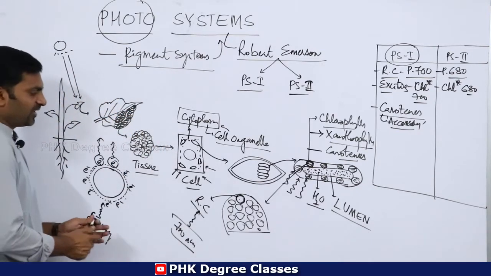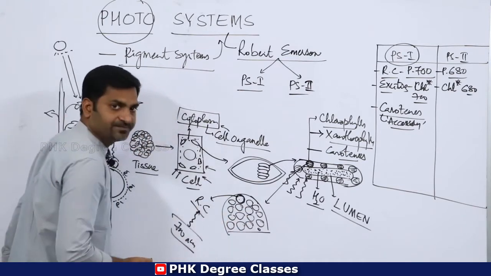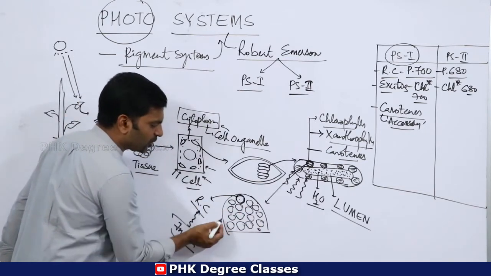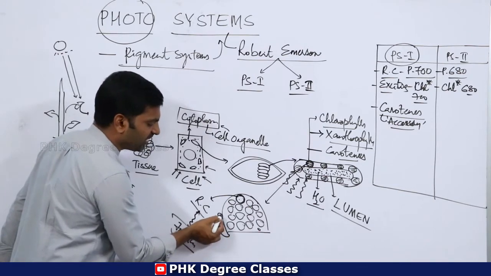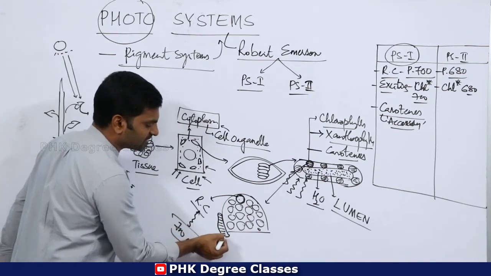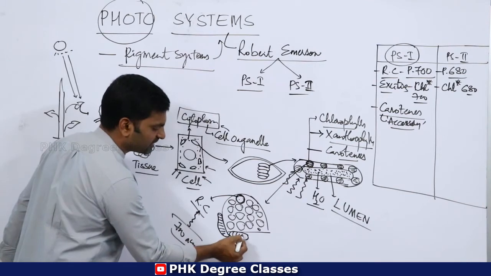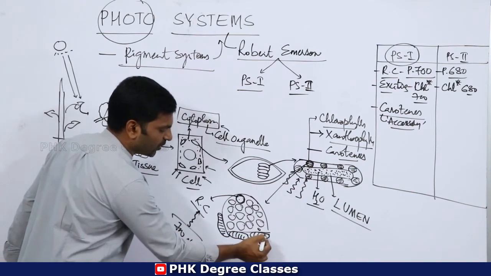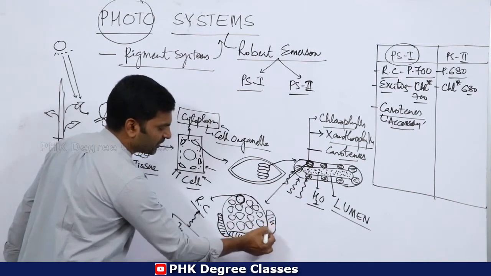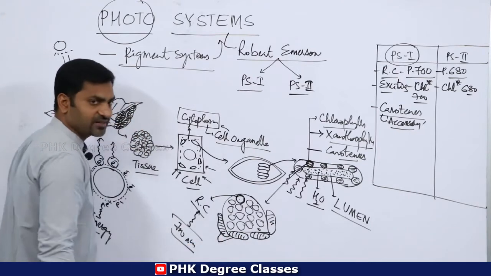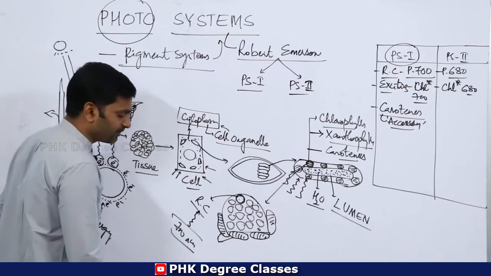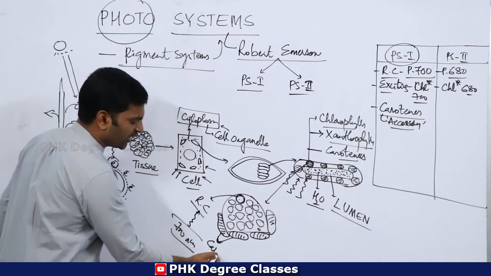For example, these are all the chlorophyll molecules. These chlorophyll molecules are surrounded by different pigments. These are all the different pigments which surround chlorophyll molecules. Clear? So these surrounding, accessory, supportive or protective pigments are carotenoids.